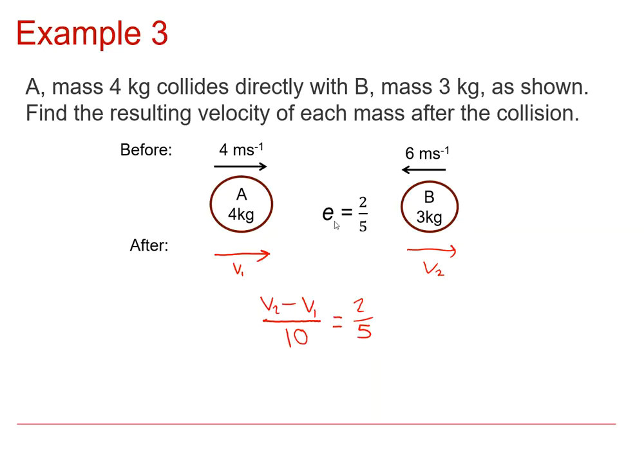But we have some extra information that we've not used there, and that is the masses of these objects. Now what does that allow us to do? Well, that allows us to work out the total momentum, which is 4 times 4 for this object, 4 kilograms and 4 meters per second to the right. And because this one's moving to the left, this one has a momentum of 3 times minus 6.